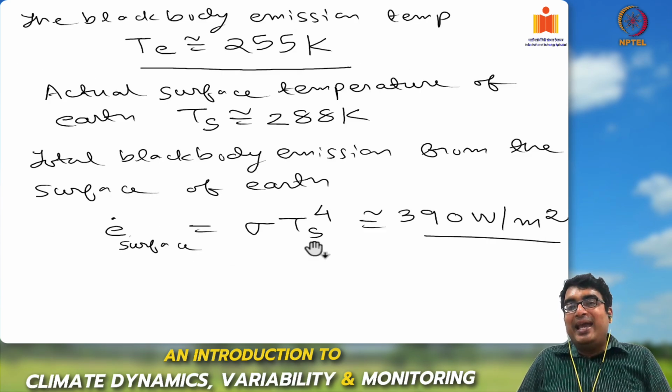Given this, we can calculate the blackbody emission temperature to be 255 Kelvin.